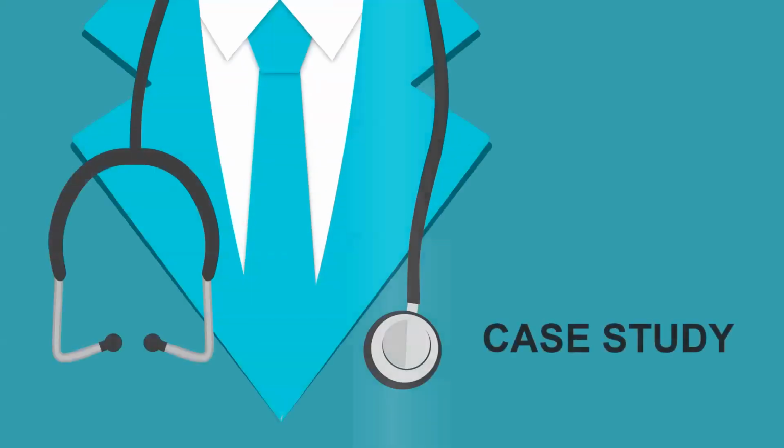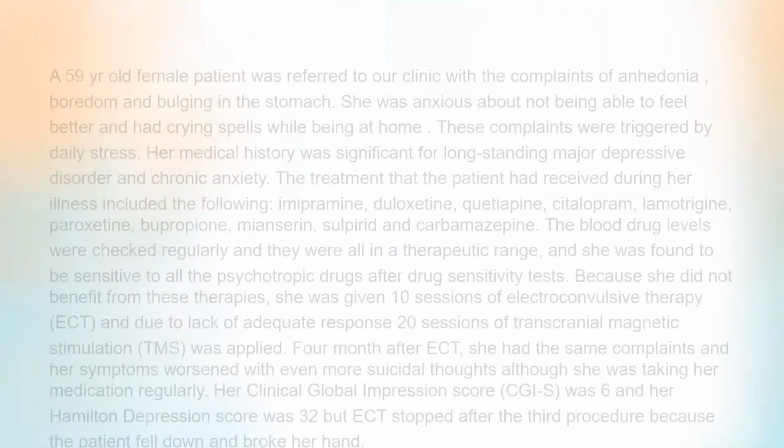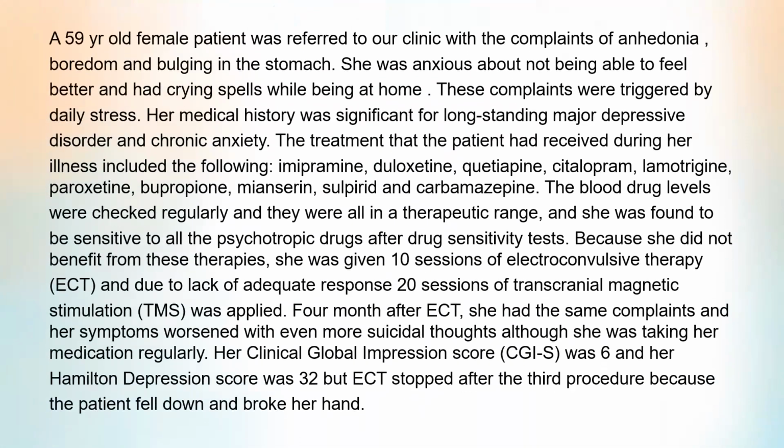Now the case study. A 59-year-old female patient was referred to a clinic with complaints of anhedonia, boredom, and bulging in the stomach. She was anxious about not being able to feel better and had crying spells while at home. These complaints were triggered by daily stress. Her medical history was significant for long-standing major depressive disorder and chronic anxiety.